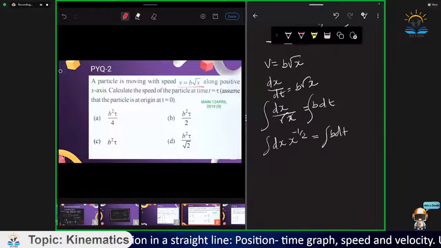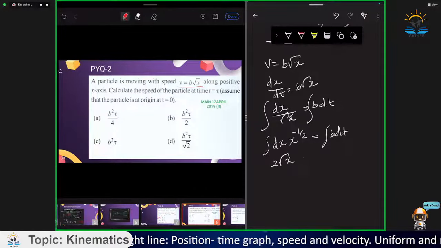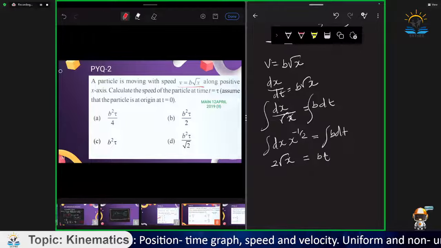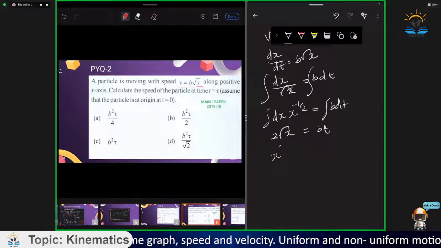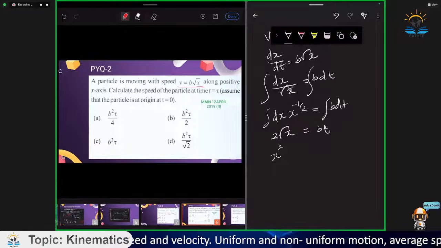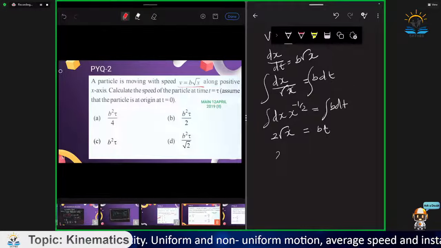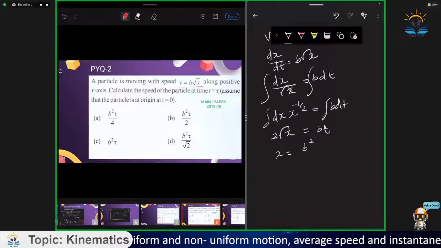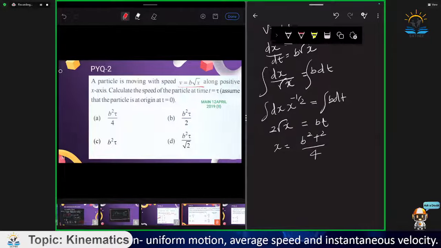So this will be 2 root x equal to bt. Squaring both sides, x equals b square t square upon 4.